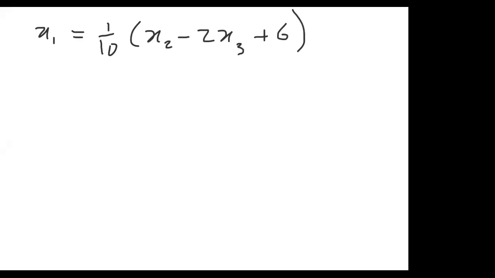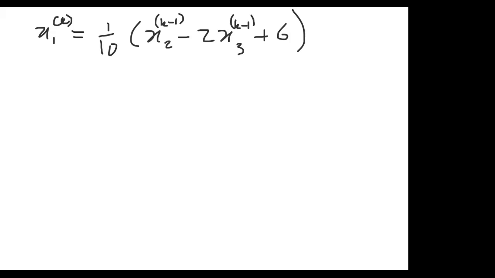Now, since we are doing k iterations, we don't know the value of k. We'll be able to tell by looking at the stopping criterion. So I have to write my equation in this form: x1 k, then x2 k minus 1, and x3 k minus 1, like that, right?